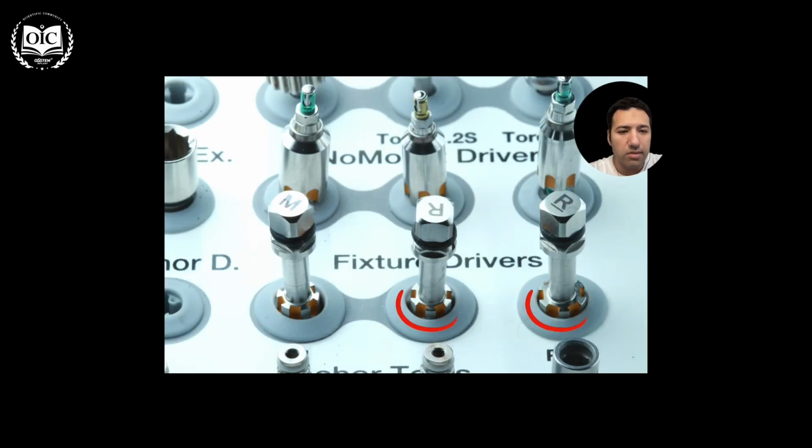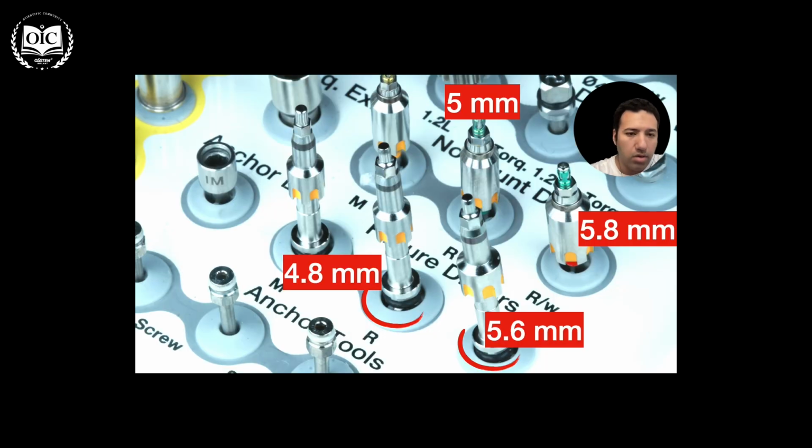We have 6 implant drivers, 3 for the motor handpiece driven and 3 for the torque wrench hand driven. And a nice thing to notice that always the hand torque drivers are slightly smaller than the handpiece drivers in order not to cause false friction with the guide and give you a false feeling of torque while the implant's not engaged in bone.